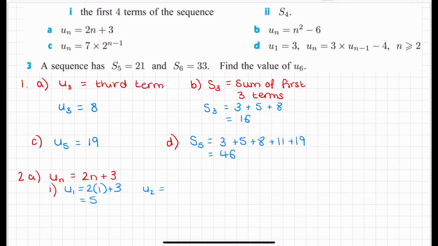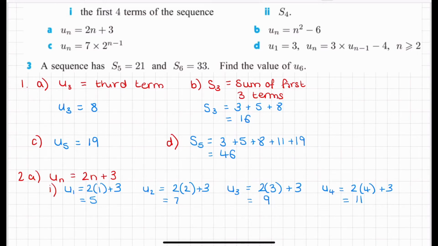U2 equals 2 times 2 plus 3, which is 7. U3 would equal 2 times 3 plus 3, which equals 9, and U4 equals 2 times 4 plus 3, which equals 11.